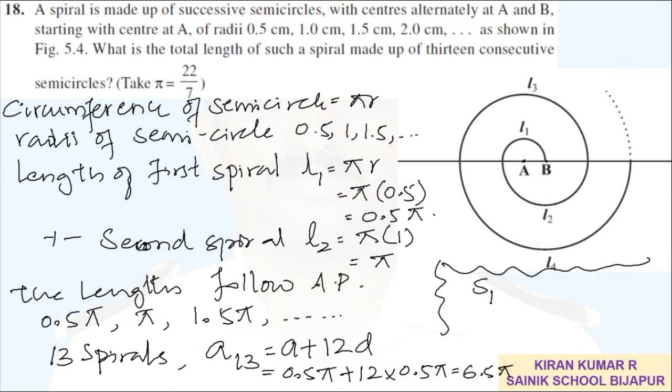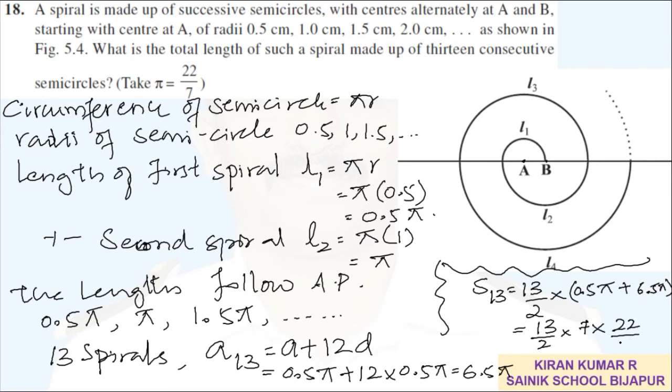Now I can find out the total length of the spiral. It is S13, 13 by 2 times (a plus an). a is 0.5 pi plus an is 6.5 pi. Add them, we get 7. So it is 13 by 2 multiplied by 7 multiplied by pi.